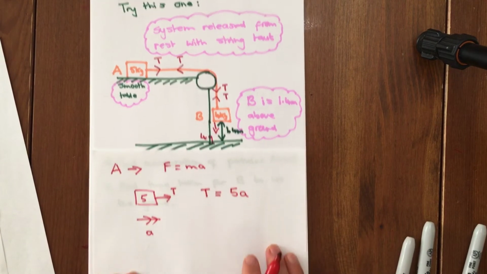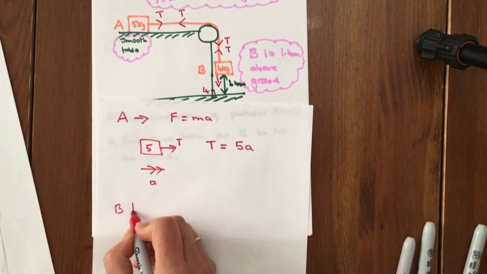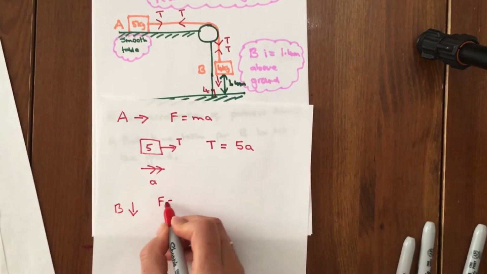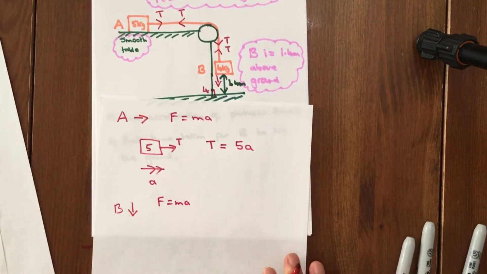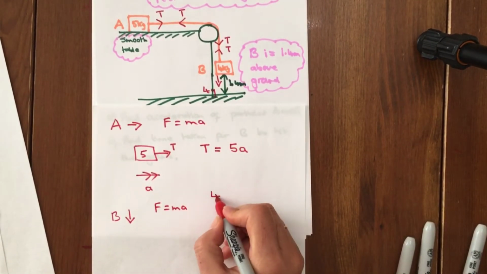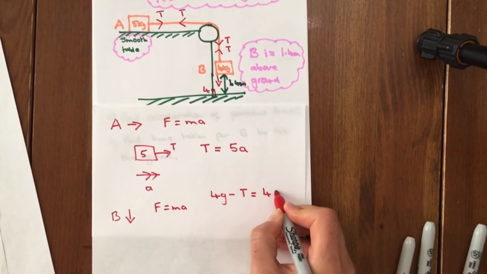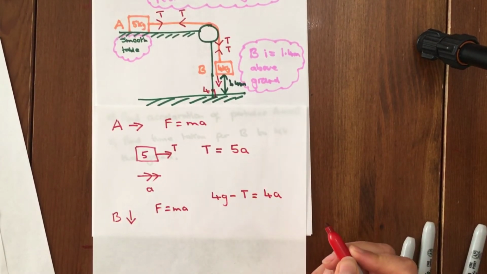Right, if I now resolve vertically at B in the direction of motion to get my equation of motion here. I've got 4g going downwards, and minus T going upwards, equals mass times acceleration.